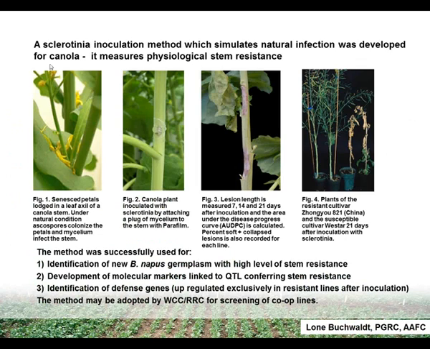One of the other sort of holy grails, and I won't talk too much about this, is some work that my colleague Lone Buchwaldt is working on at Ag Canada in Saskatoon. Lone most recently has identified some very exciting sources of actual true physiological resistance to Sclerotinia, and some pretty impressive levels of resistance, and you can see some examples of that here with Westar versus some resistant germplasm from China.